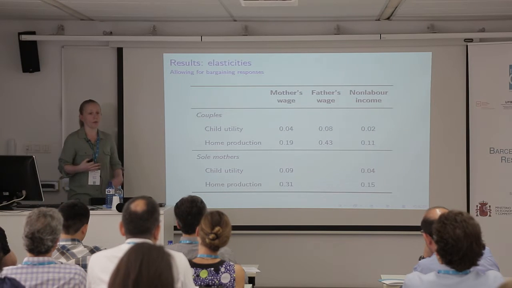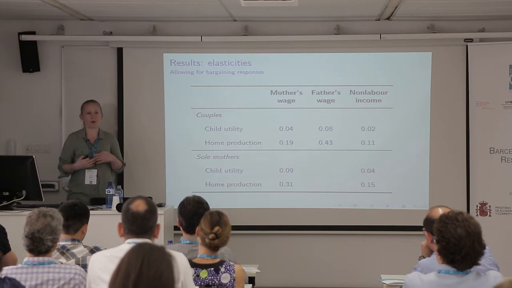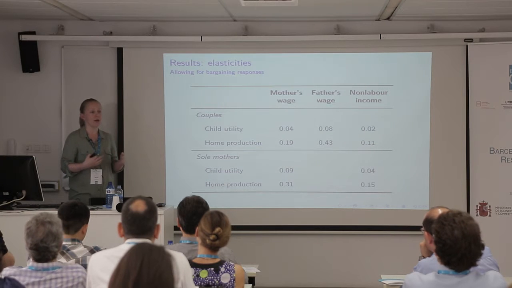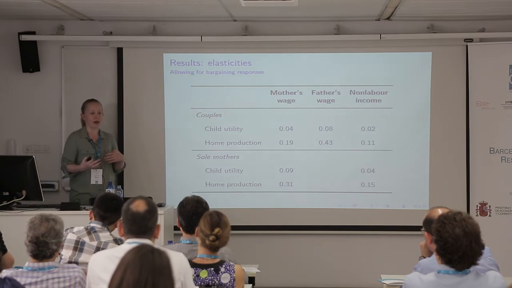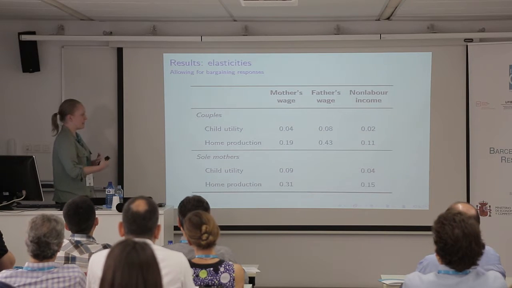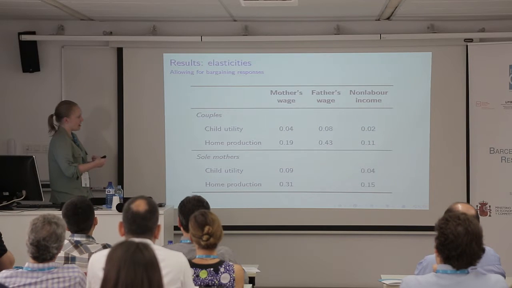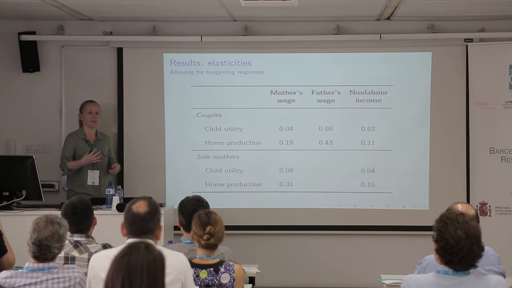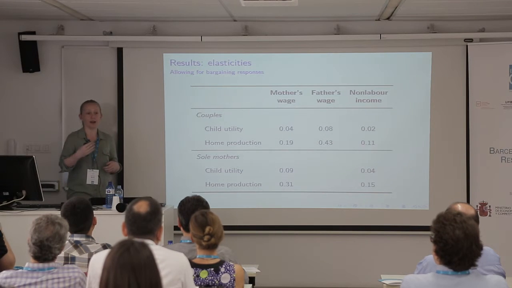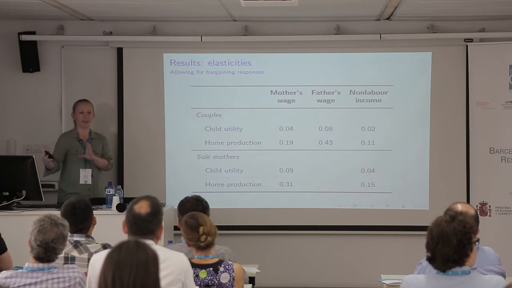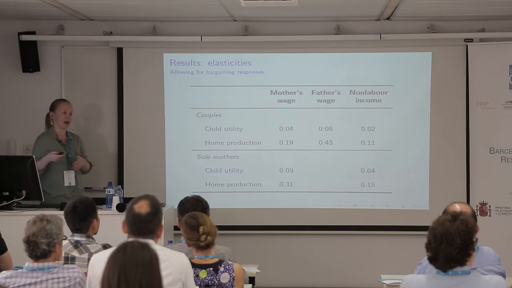So this has implications, which I haven't quite yet drawn out, for how a family might respond to wage shocks. It seems this would suggest to me that taking into account home production is more important than taking into account child utility when we want to think about the insurance mechanism or labour supply effects within the household when we want to incorporate the effect of the household environment.